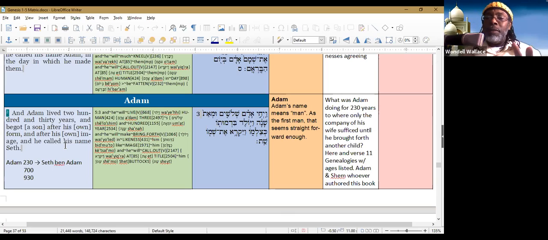Even though these guys seem to be outside of any Israelite tribe or any Israelite family structure, right? So anyway, he's 230 years old, Seth bin Adam. He lives for 700 more years after he gives birth to Seth, and he lives for a total of 930 years.